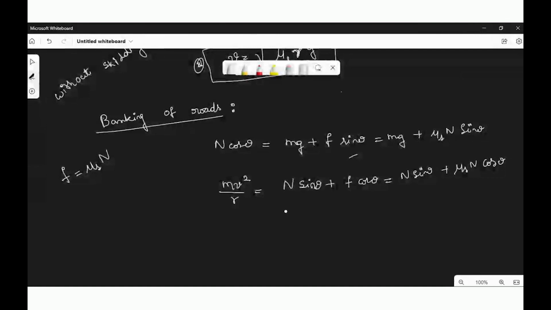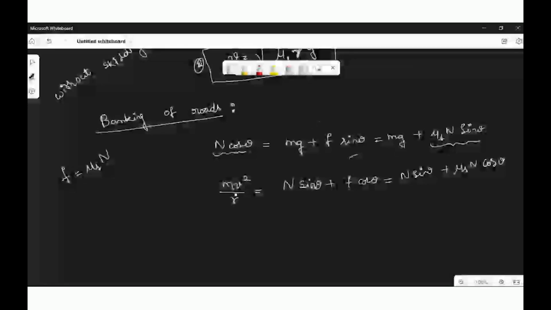Now we can eliminate N. From this particular equation, here is one N term, here is one N term, so I can group it. So N cos theta minus mu s N sin theta will be equal to mg.